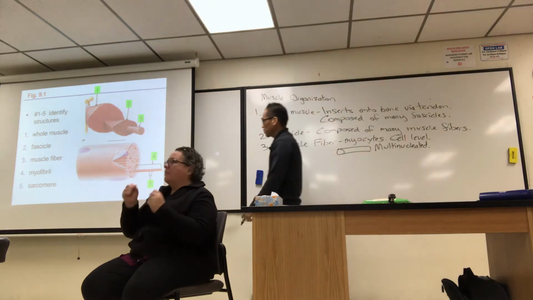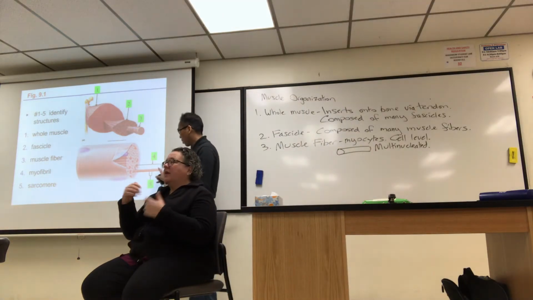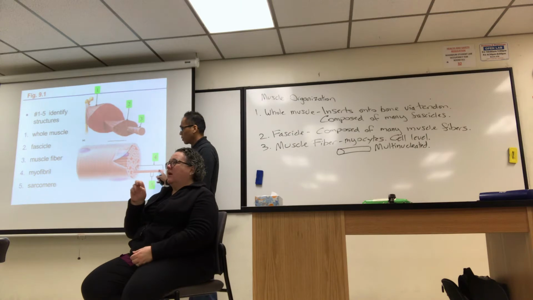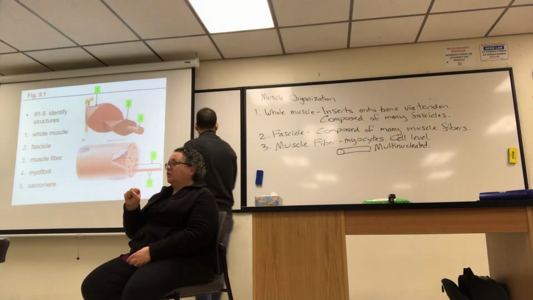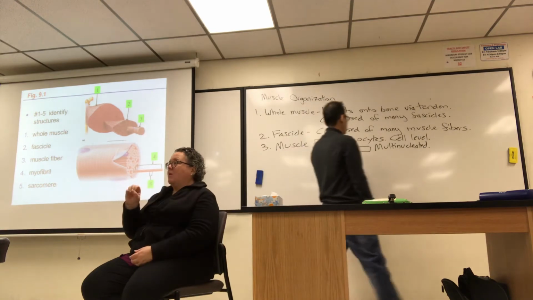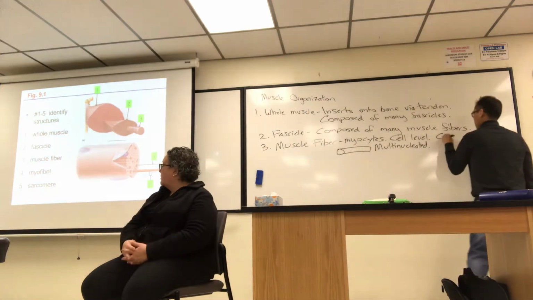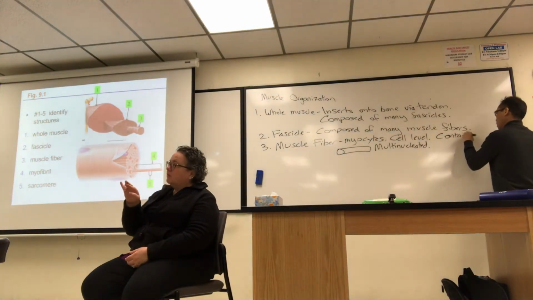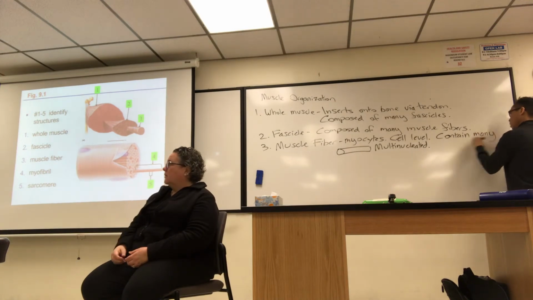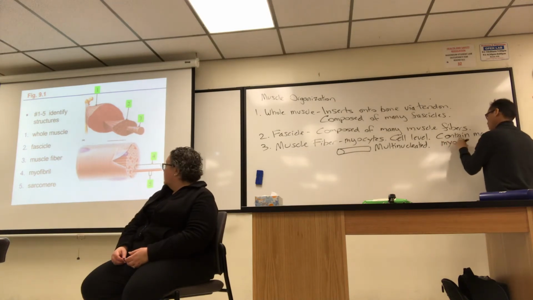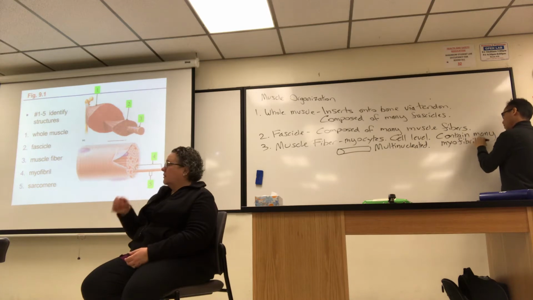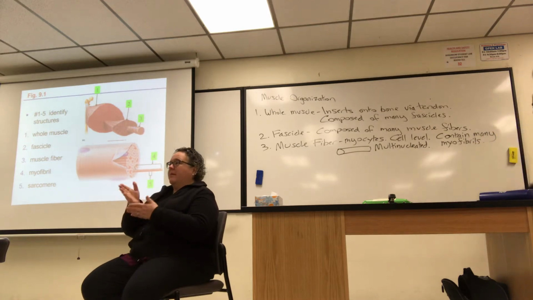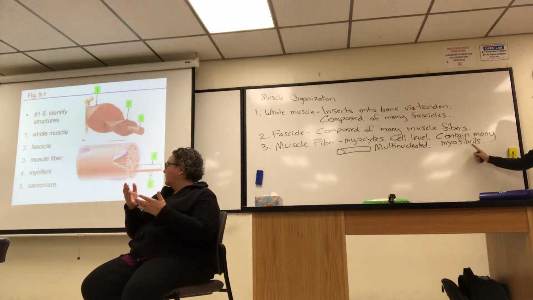Another feature is they have these contractile proteins, structure number 4, called myofibrils. So I'll say that they contain many myofibrils. That's the main thing in the sarcoplasm, which is the cytoplasm of the muscle cell, that you don't see in other cells.